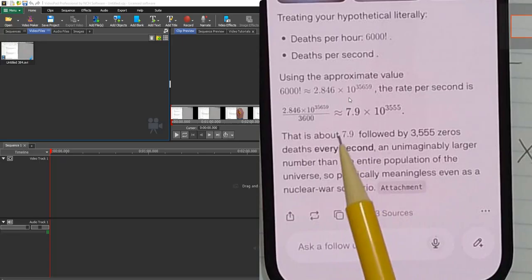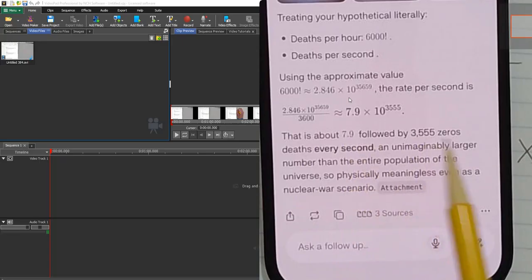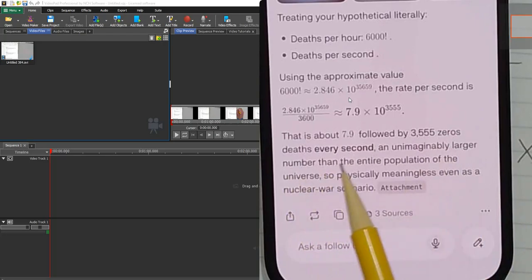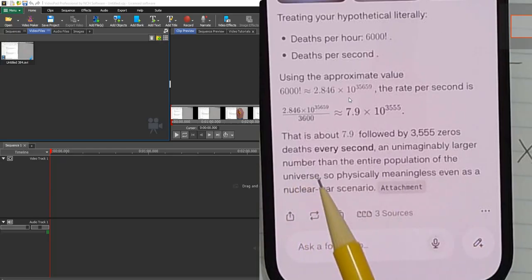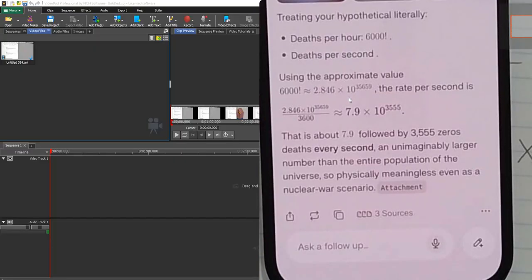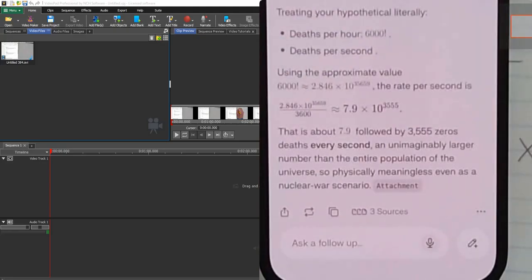So that is 7.9 followed by that many zeros, deaths every second. An unimaginably larger number than the entire population of the universe. So physically meaningless, even as a nuclear war scenario. But I still say it's possible. It's still possible.